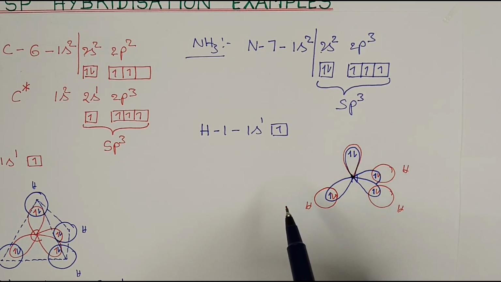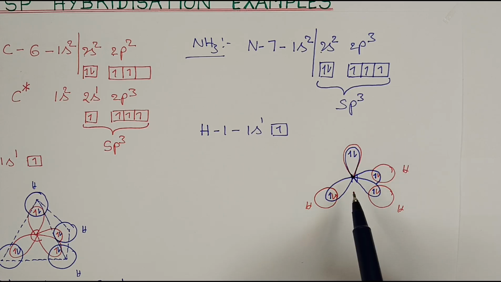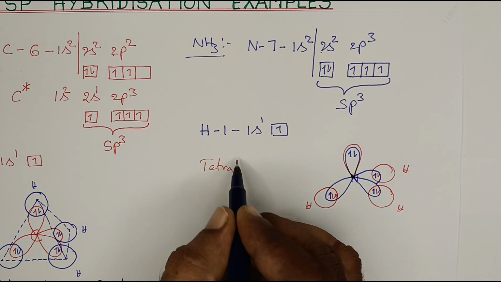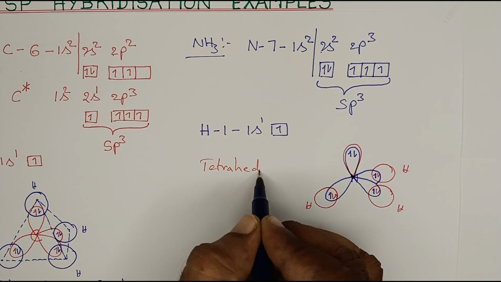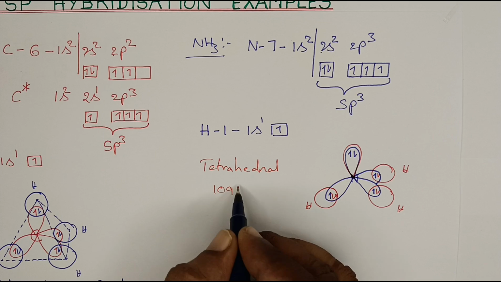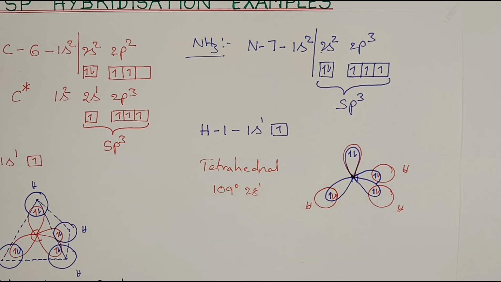According to hybridization, the shape of the molecule should be tetrahedral and the bond angle should be 109 degrees 28 minutes.